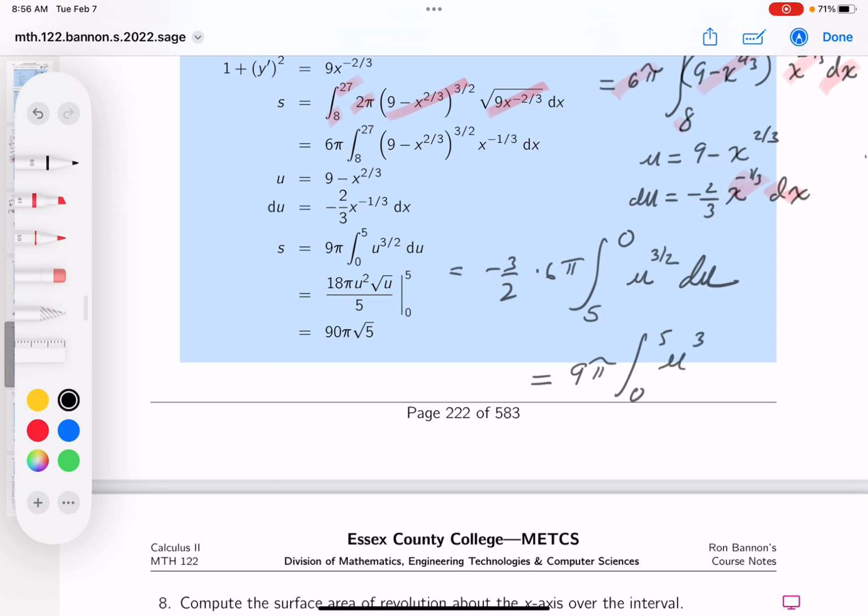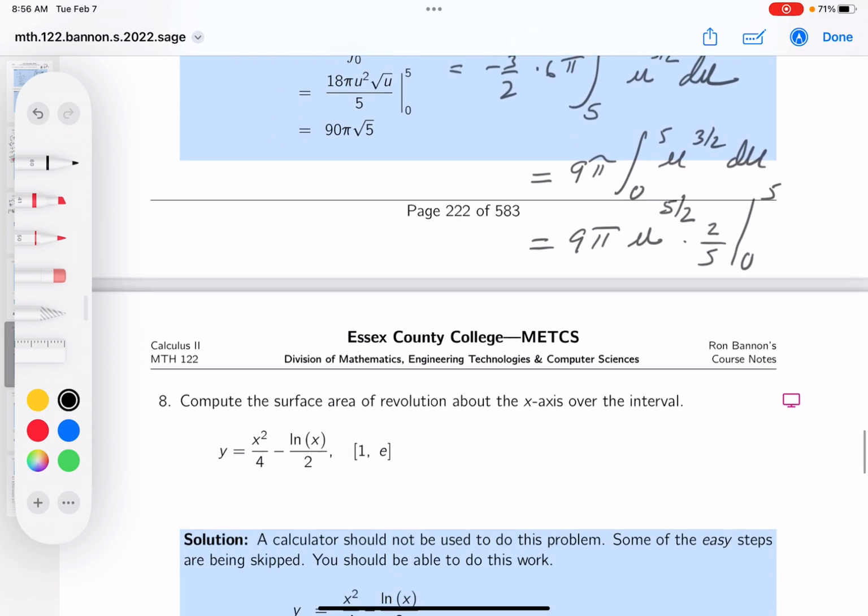U to the 3 halves du. Let me do my integration. 9 pi. This would be u, increase the exponent by 1, that would be 5 halves. And what do you get there? The limits of integration. I'm sorry, I forgot to do this. Divide by 5 halves, which is the same thing as multiplying by 2/5. Integration 0 to 5. Let's keep moving.